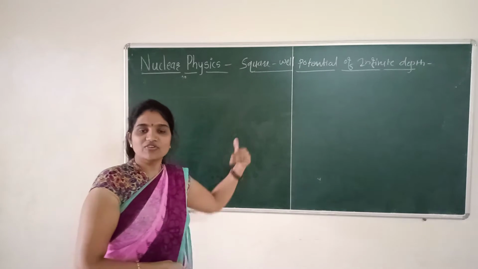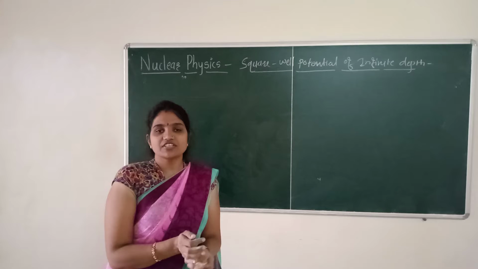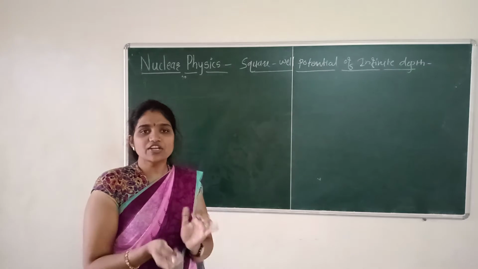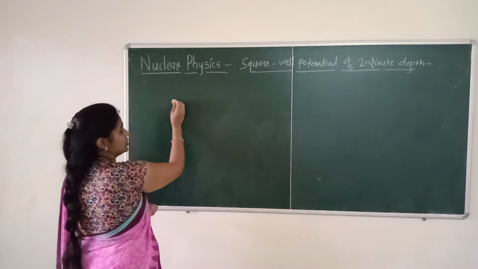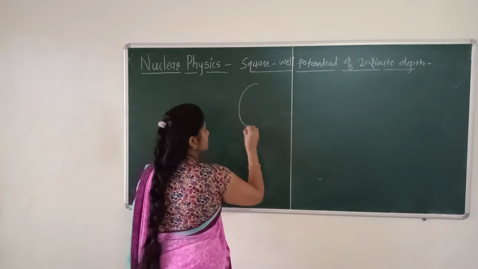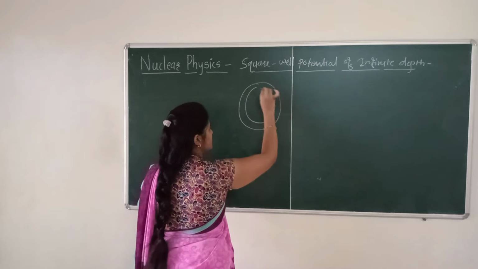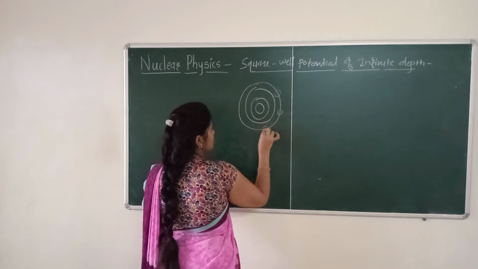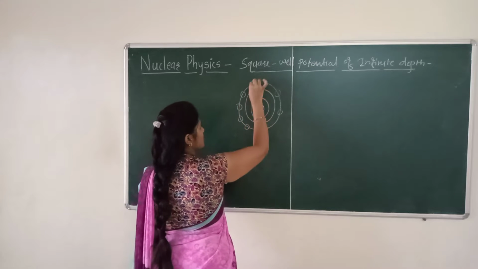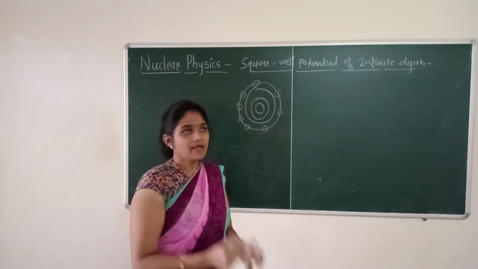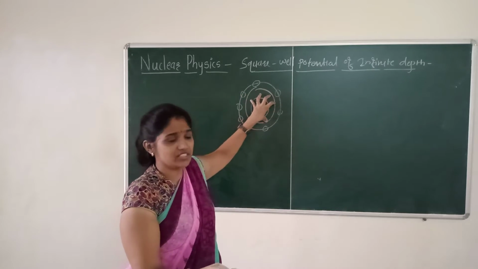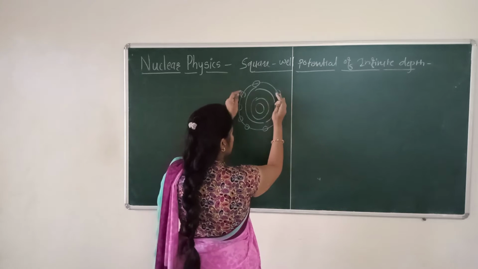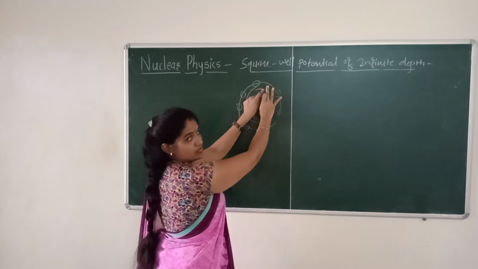As we saw in our previous lecture, the nucleus has different shells that are enclosed in some potential. If this is a nucleus and these are the different shells of the nucleus, then the effect of that potential is that the nucleons are completely enclosed in the nucleus.